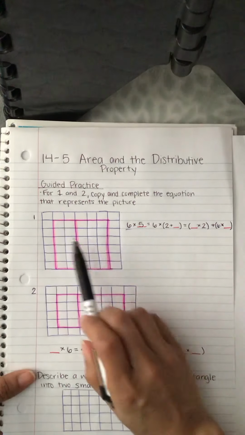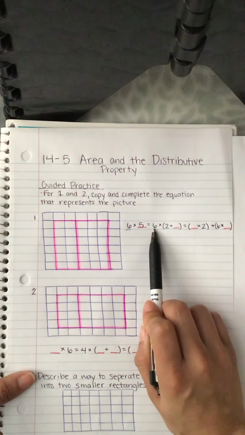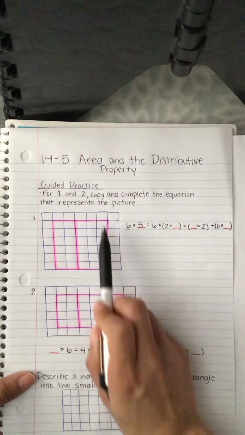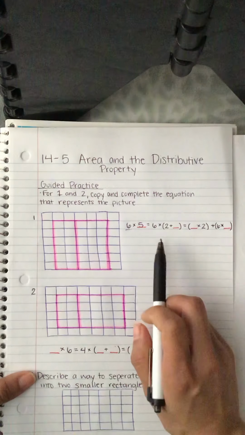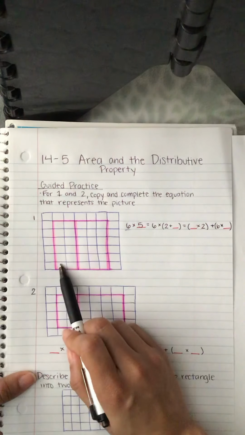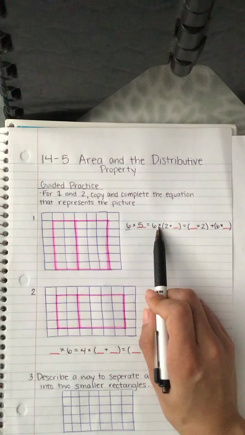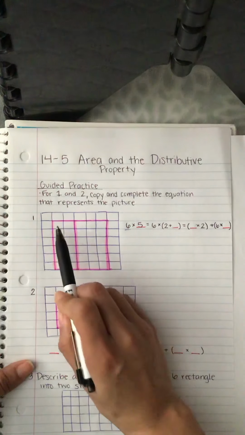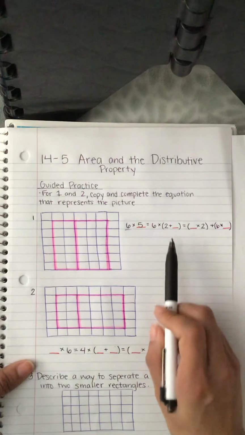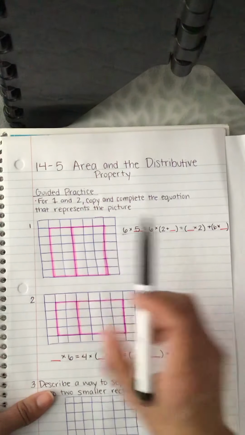Now, 6 times 5 is also equal to, you see here how this whole figure is split into 2. It's also equal to 6 times 2, plus, we're missing the number here. So now we find this figure, 1, 2, 3.